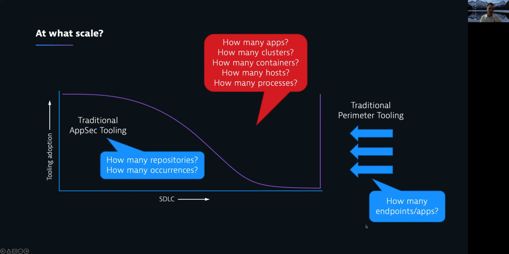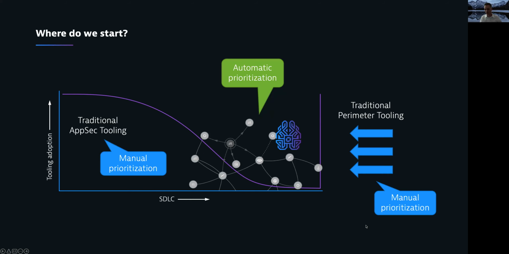Now, the third one is, where do we start? I'm essentially jumping directly to stating or summarizing there. And again, the tooling that's out there essentially gives you a flat list of, this is what we found.